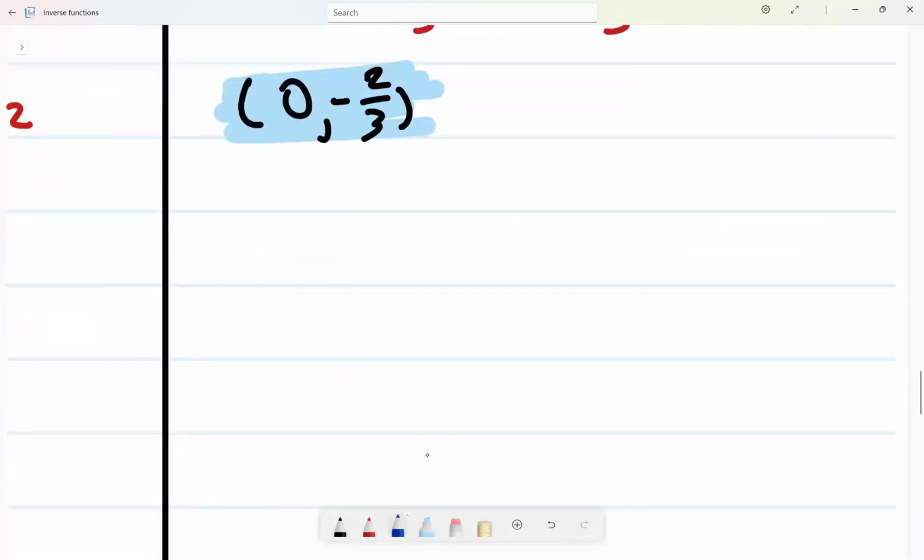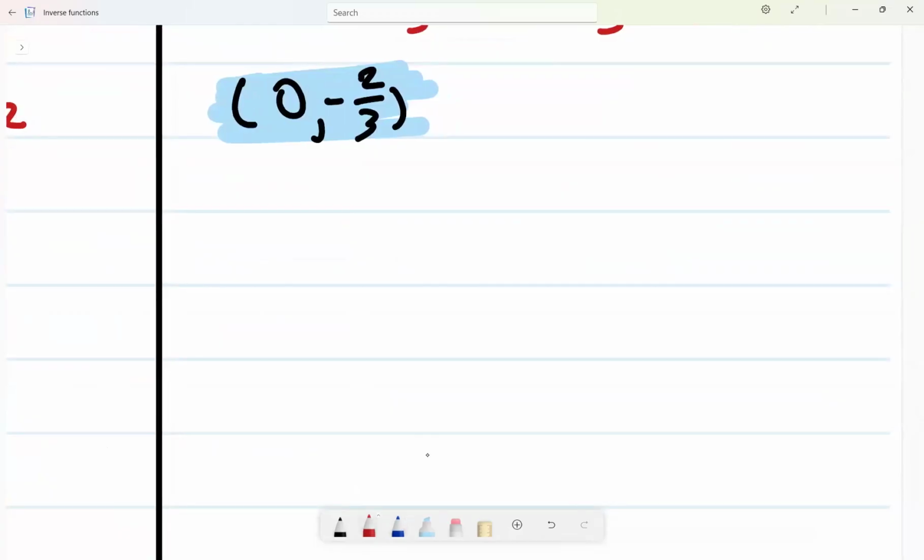Now, let us be in a position of saying, okay, we are noting down that before we draw a graph, it seems like we have something interesting.